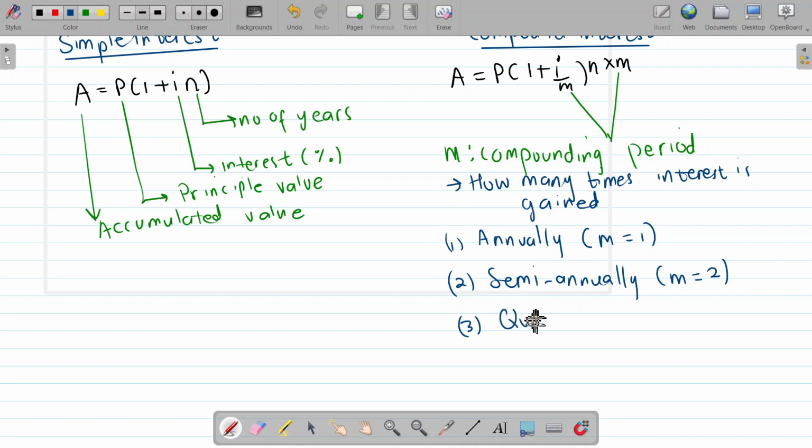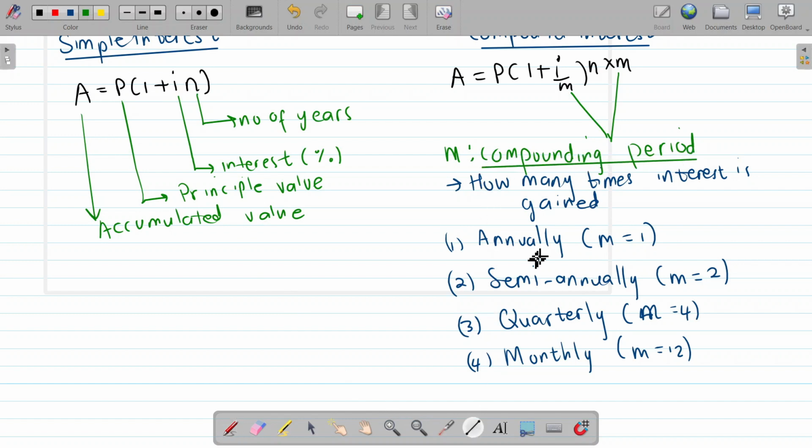Or it could be gained quarterly, which means 4 times a year. So your m is going to be 4. And then lastly, interest could be gained monthly, which means 12 times a year. So your m will be 12. So depending on how many times you gain interest, your m is going to be a particular value, and then you're just going to replace it with that.